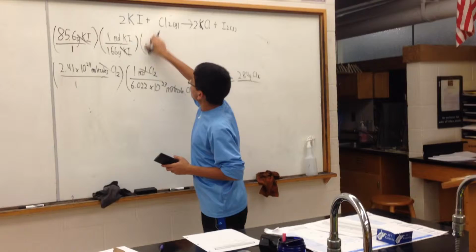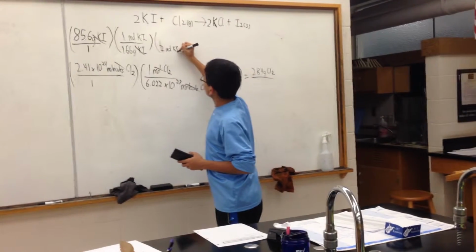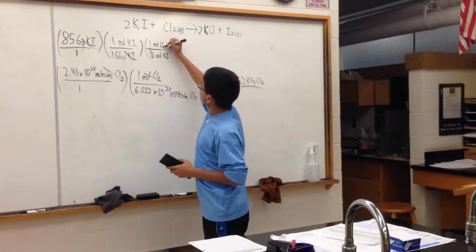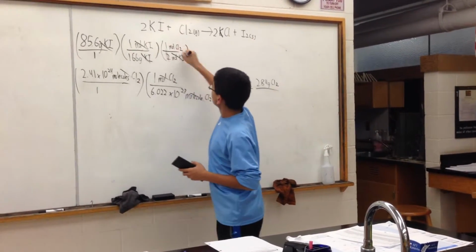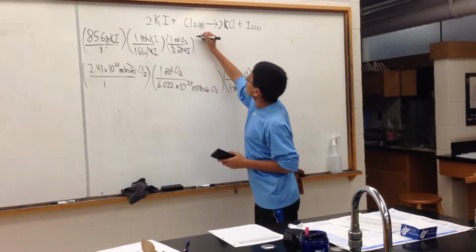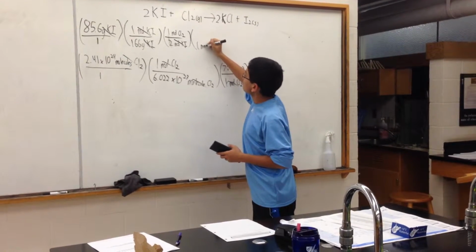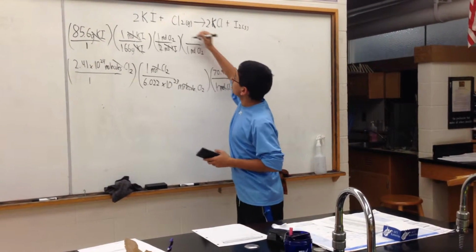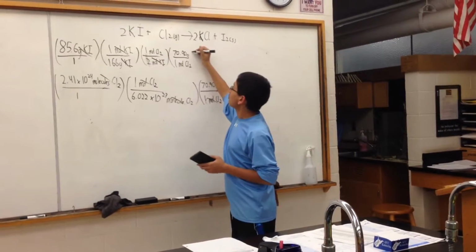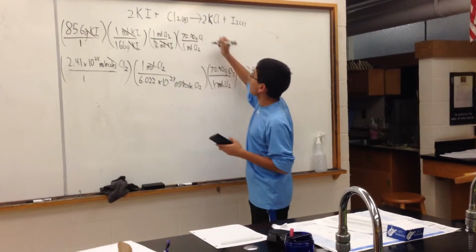So for every 2 moles of potassium iodide, we have 1 mole of Cl2. Alright, and then we're going to convert moles of Cl2 to grams of Cl2 using our molar mass, and that way we'll find the grams of Cl2 necessary to react to completion with 85.6 grams of potassium iodide.